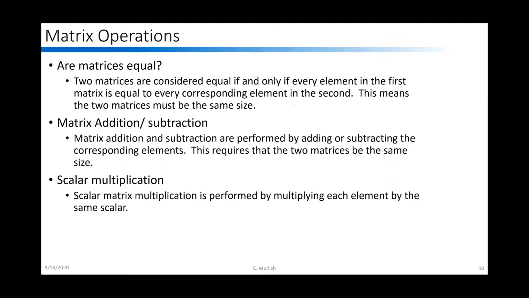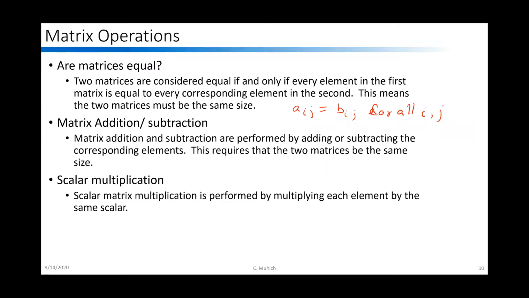This means Aij, so element Aij in matrix A, must be equal to Bij, and it has to be for all i and j. Right? If I have one single element that doesn't match, the matrices are not equal.